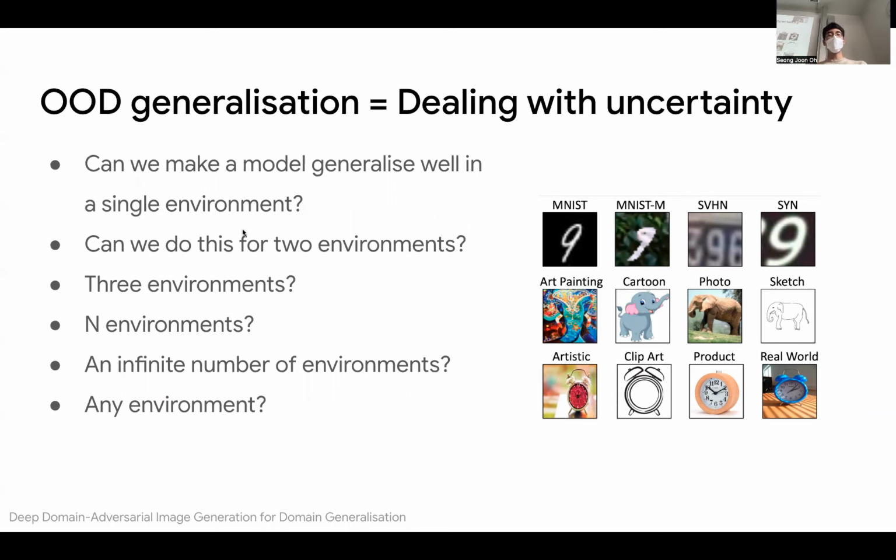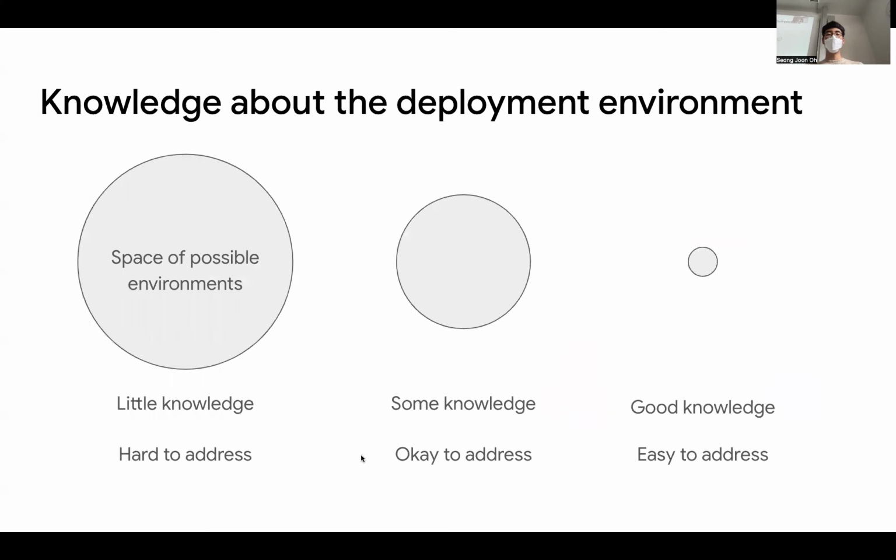But then the next question is, can you do this generalization for 2 different environments? And the number can grow: 3 environments, any number of environments, or an infinite number of environments. How do we take care of this infinite number of possibilities?